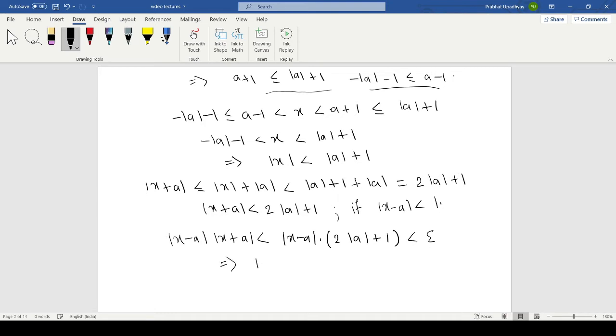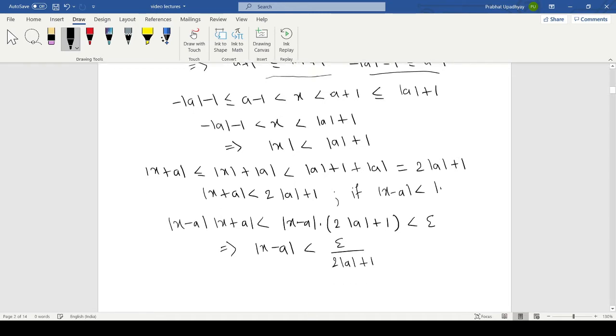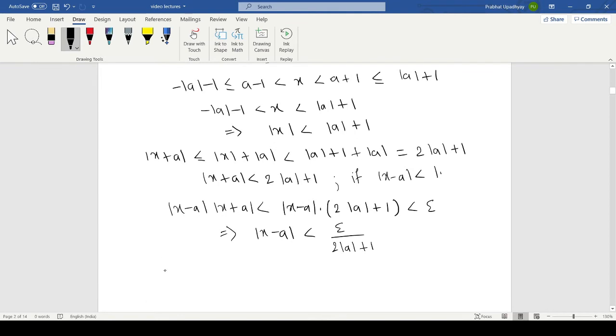And this will imply my |x − a| should be less than epsilon upon 2 times |a| plus 1. And this suggests that I should choose my delta equal to the minimum of 1 and epsilon upon 2 times |a| plus 1.